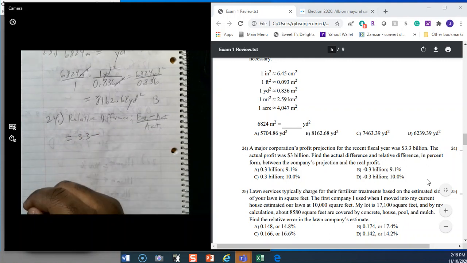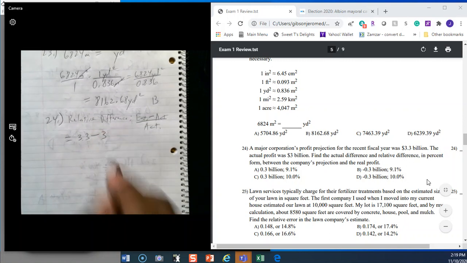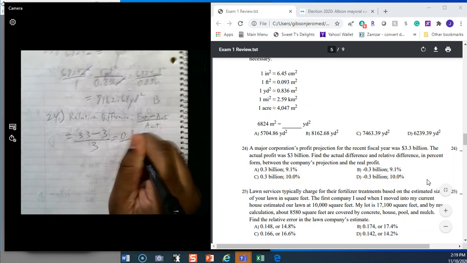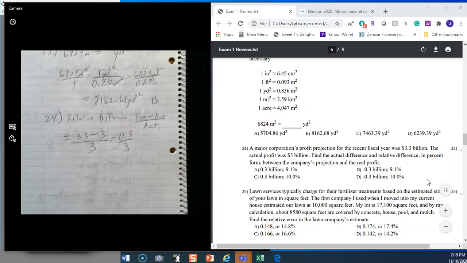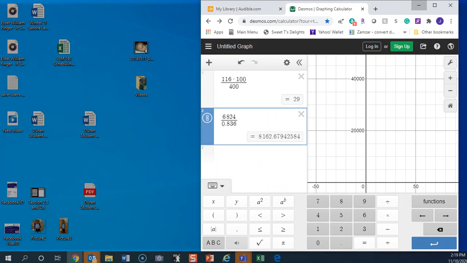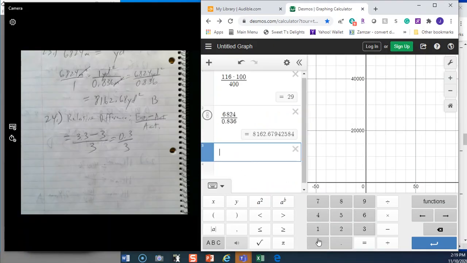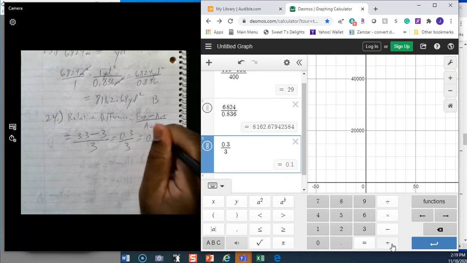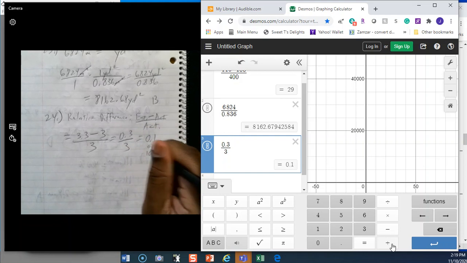The actual is 3. So 3.3 minus 3 will give us 0.3 all over 3. Now 0.3 divided by 3, let's put that in a calculator. 0.3 divided by 3 will give us 0.1, or we could write that as 10%.